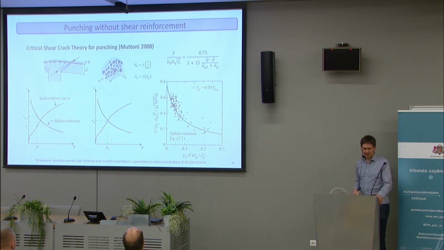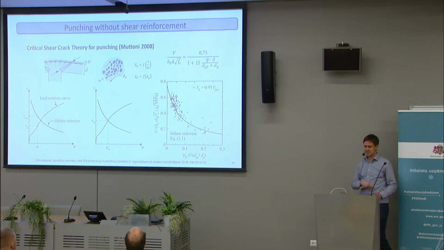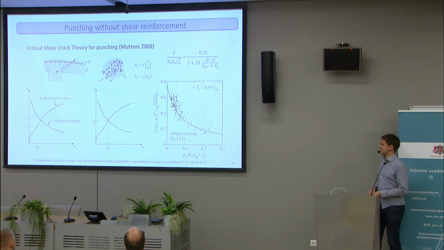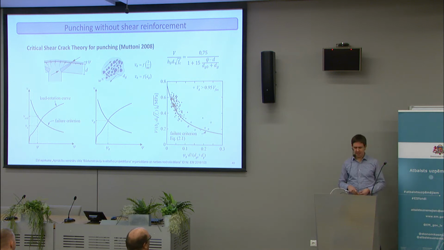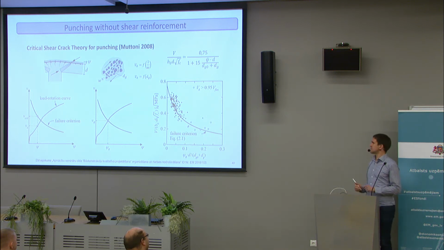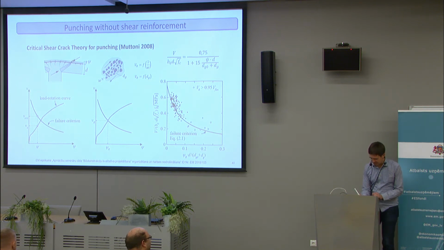So the theory that my supervisor, Professor Muttoni, proposed is also called critical shear crack theory because it's based on the same assumptions as the previous one that I showed for one-way slabs. Here also we assume that the failure depends on the opening width of this crack.